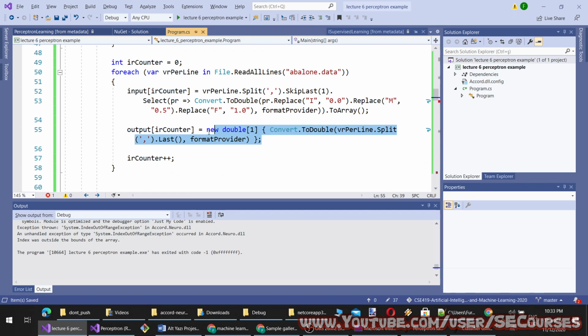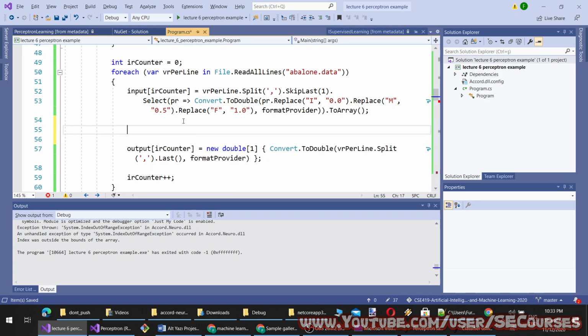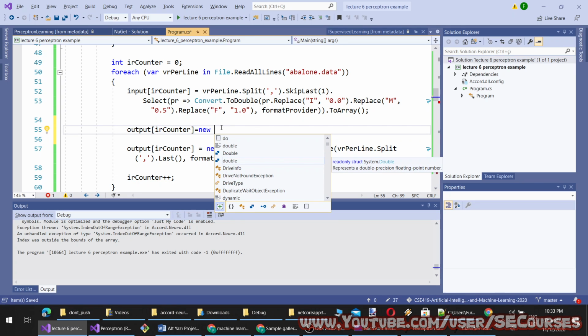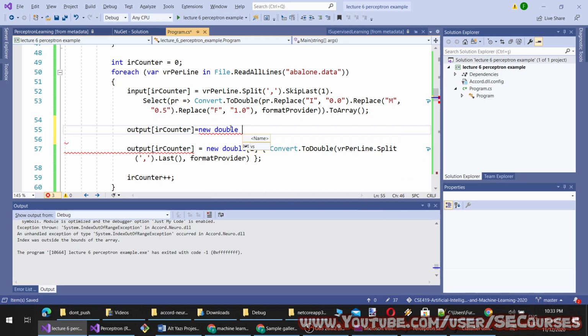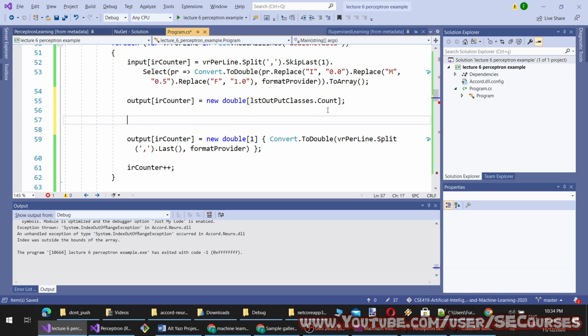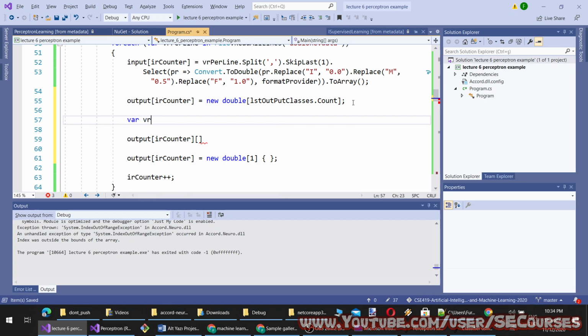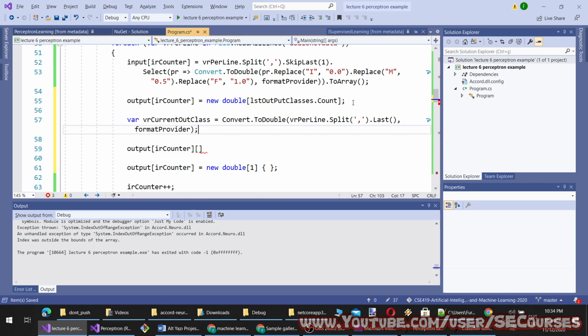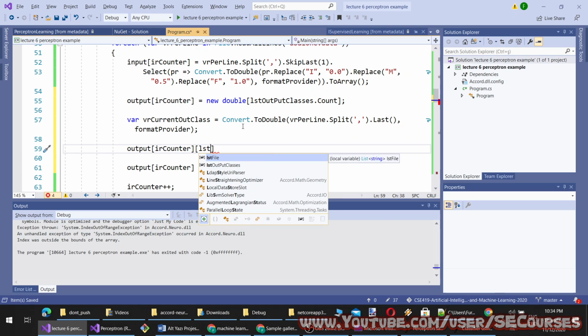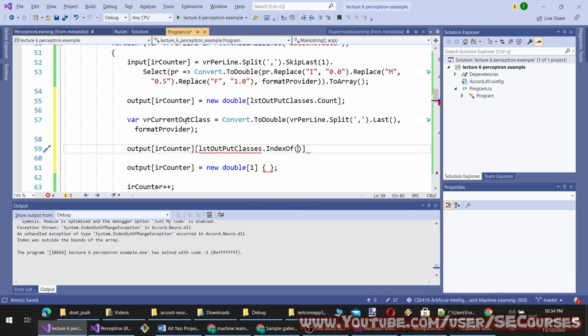So the output will be like this, new double equal to count, okay, and then all will be by default 0, as you know, and we are going to set the certain output here, which will be a 0 list index of equal to 1.